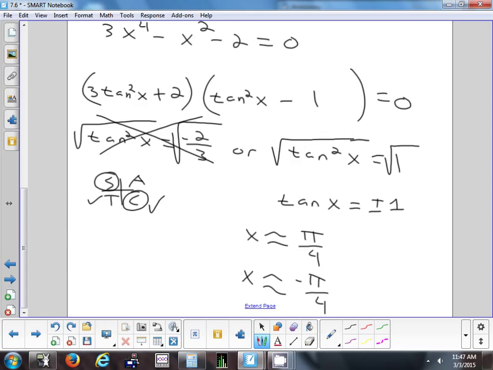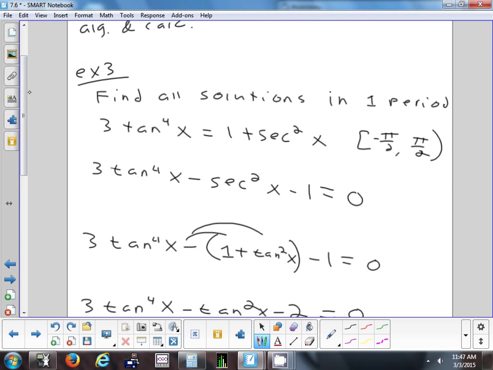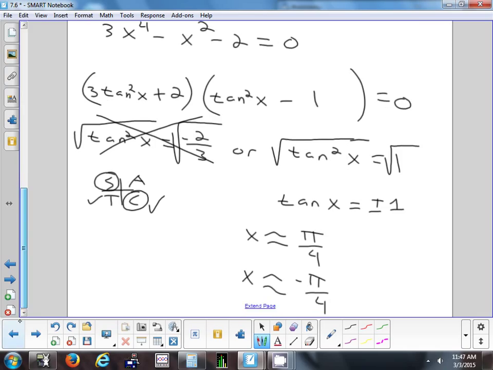If I try to find the other answer, it's going to be somewhere between 90 and 180, which is not what they said to be between. So I don't want to go looking for the second answer because they said not to. Those are the only 2 answers. If they didn't say the domain, then we could have looked for the other answers, but not in this case.